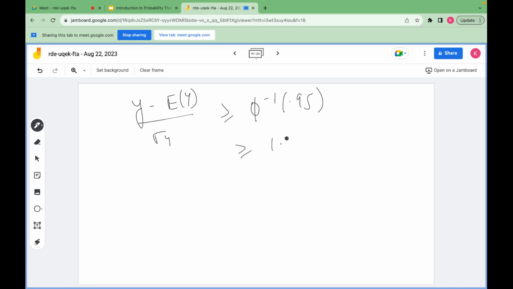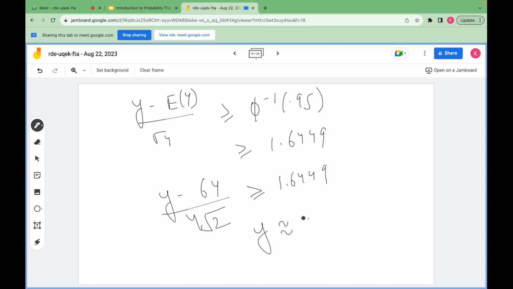This is 1.6449. So this expectation of y is 64, the sigma is 4 root 2. So from here we get that this value comes around to be 73.3. So y is 74. So we need to make 74 sandwiches, so that there will be a 95% surety that we won't go under any shortage.